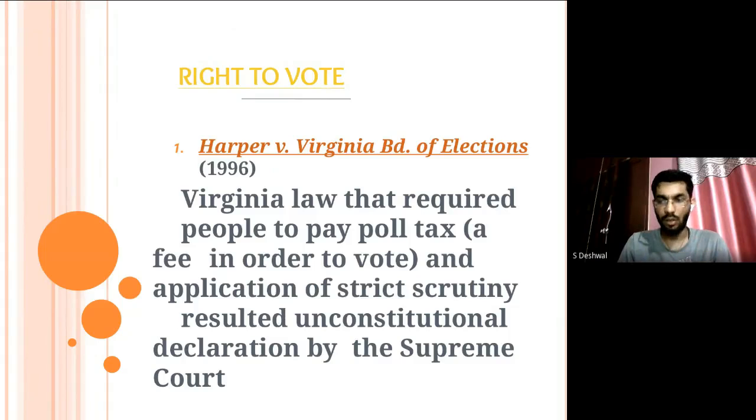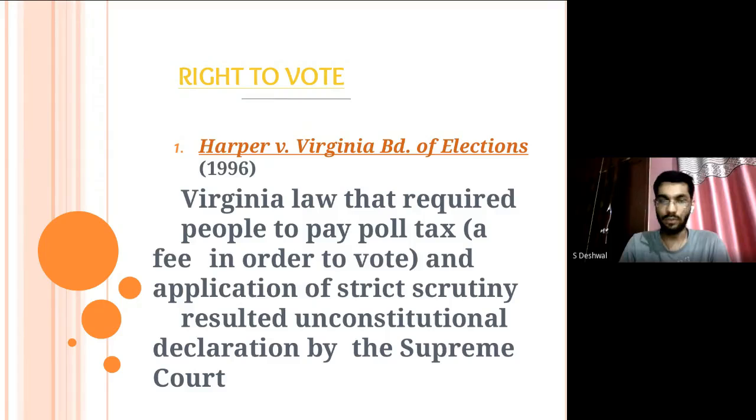There was a law in Virginia that required people to pay a certain kind of tax in order to vote. And the Supreme Court applied strict scrutiny, saying because right to vote is so fundamental that its curtailment would attract the application of strict scrutiny by the Supreme Court, and the Supreme Court held such law as unconstitutional.